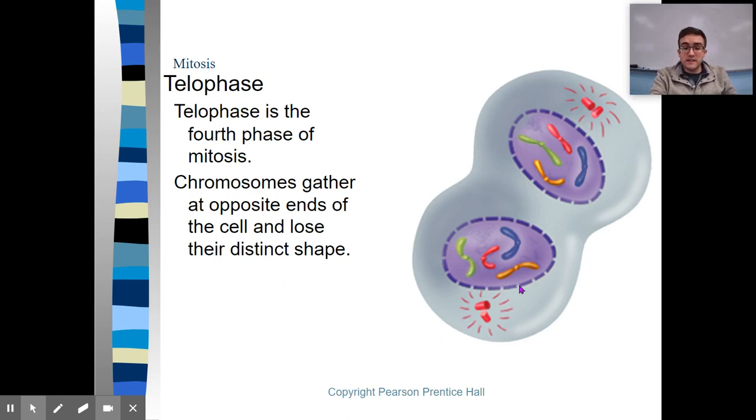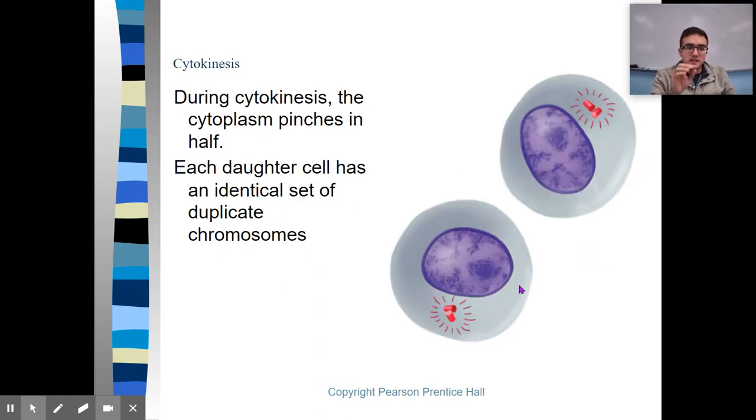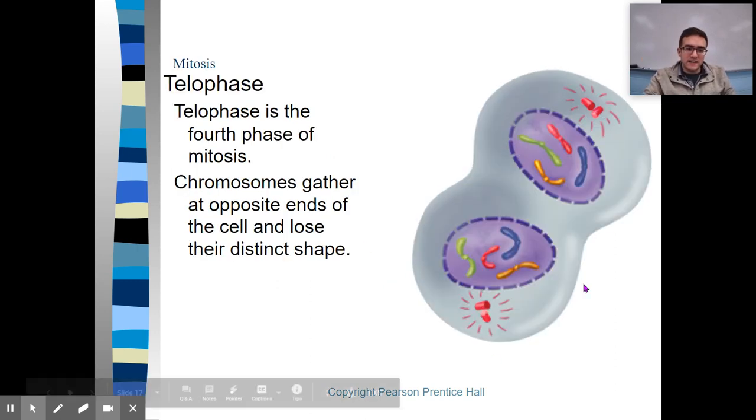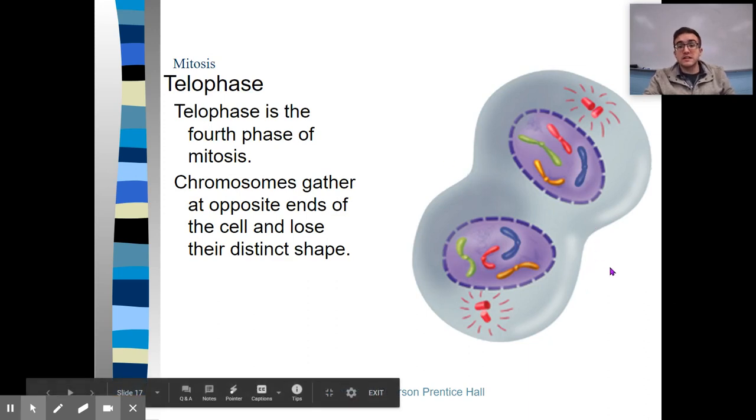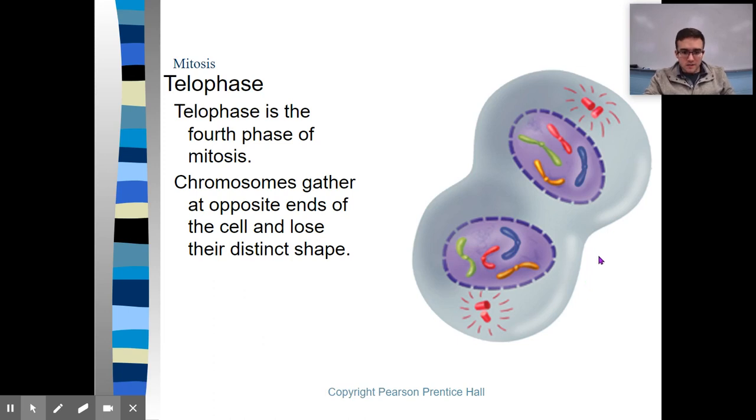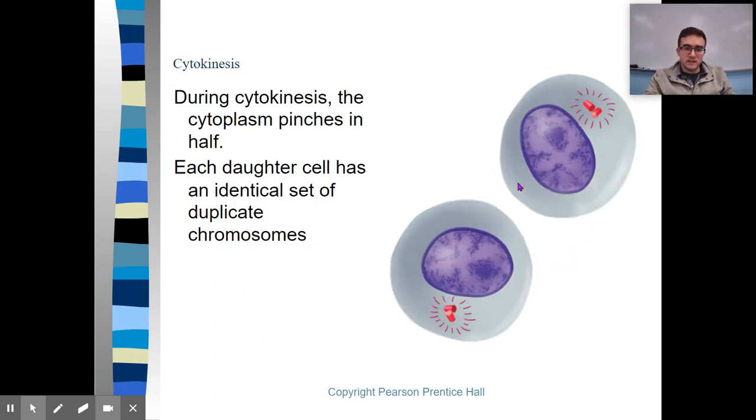And then the last phase of mitosis is cytokinesis. So in cytokinesis, the cytoplasm pinches in half, right? We can kind of see it start happening here, how it's pinching in. We call this a cleavage furrow. A cleavage furrow starts to form here, and then in cytokinesis, we actually pinch the cytoplasm in half.